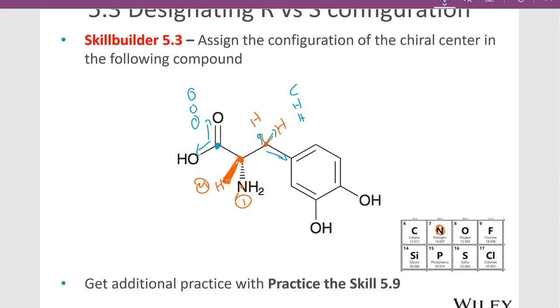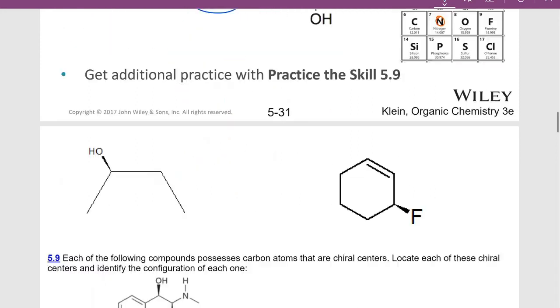Oxygen is higher than carbon, so this is going to be priority number 2, and this is priority number 3. The progression of rotation looks like 1 to 2 to 3, but since the hydrogen is coming out at us, which is the lowest priority group, we reverse. So it looks like R, but since the hydrogen's coming out, this is actually S. If we flip this molecule over so the hydrogen's going away, we would see that this is actually S.